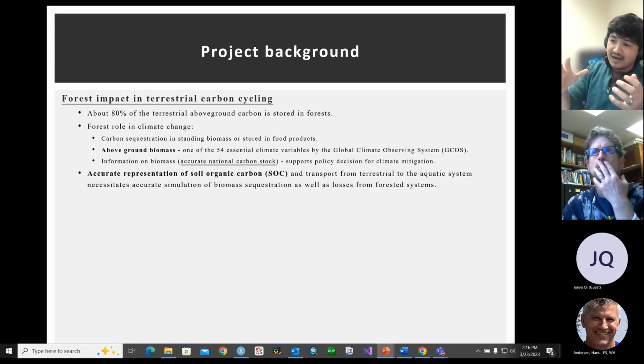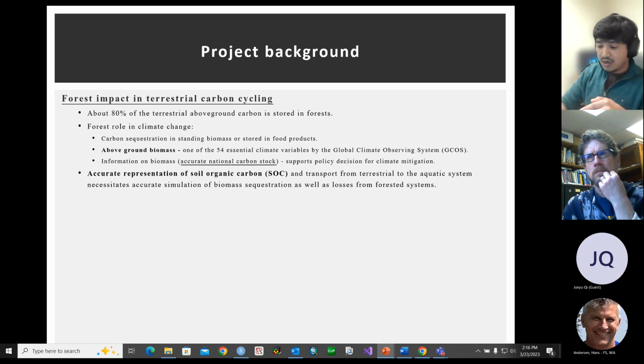We need to make sure that the carbon assimilation, the carbon storage, and the carbon losses from the terrestrial systems to the aquatic systems are constrained really well. On top of that, being able to accurately simulate this terrestrial biomass has other advantages as well, from a climate change perspective. In all these carbon projects, biomass is a big component.